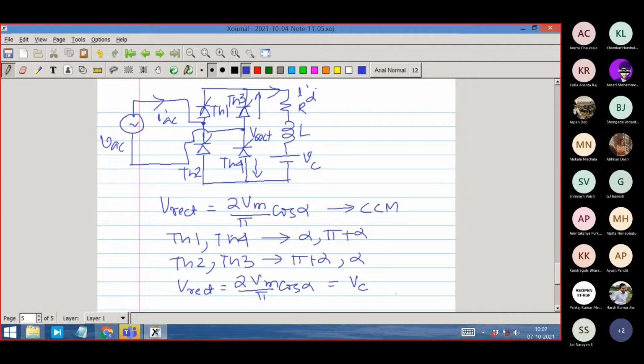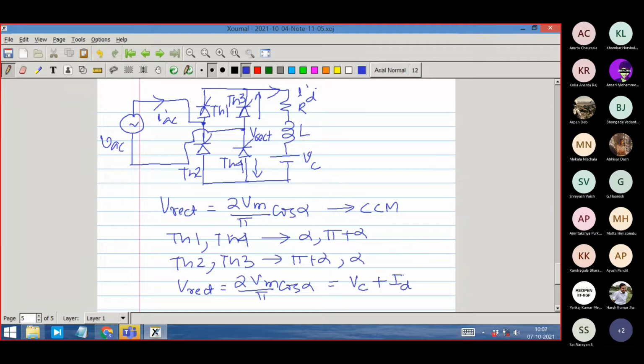This is the DC voltage, a battery, a DC machine, back EMF of a DC machine, etc. Inductor doesn't give any DC equation, so that must be equal to ID.